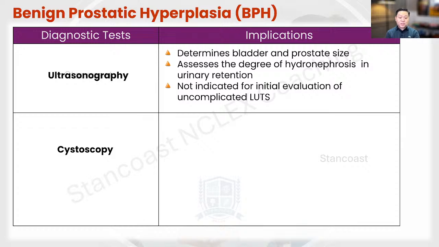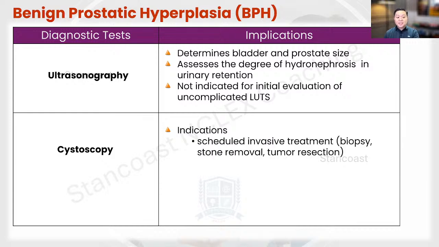Okay. Now, another thing that we're going to talk about is the cystoscopy, which is also an endoscopy of the lower urinary tract. And this is going to be indicated for those patients that may have some treatment. Let's say, for example, they might have a suspected foreign body, or let's say they might have some issue with sexually transmitted diseases, or maybe if they have a history of prolonged catheterization, or if they have some kind of invasive procedure like biopsy or stone removal or a resection of the tumor, then cystoscopy can be indicated as well.